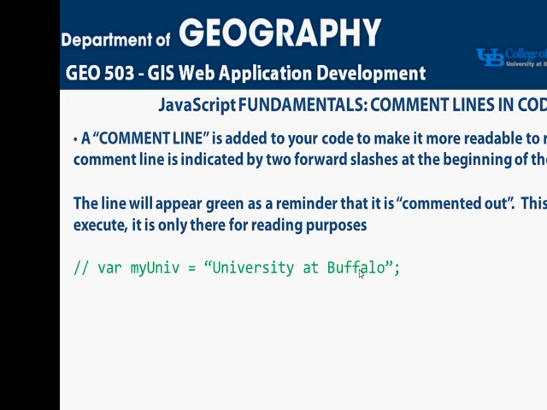That's very helpful for the next person. Once you win the lottery and quit and someone else has to take over your code, you're doing them a favor. And also, it's used for debugging. Say you can't get your page to work, you may want to remove lines of code to see if it works. If it then works, something in the lines you removed is what's causing the problem.